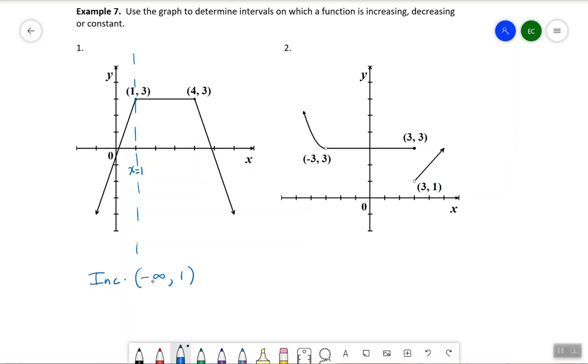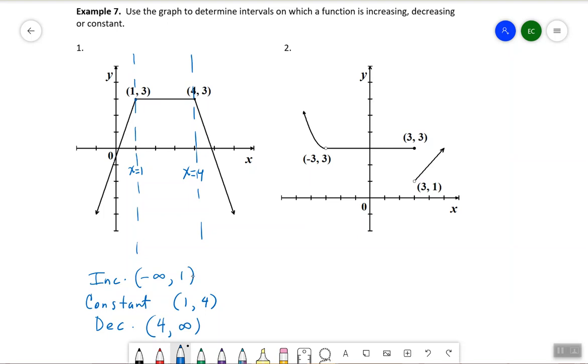So these are values for x. From negative infinity to 1 is an interval of x. From 1 over to x equals 4, we can see that the graph is constant. And then after that, beyond 4, the graph is decreasing. So from 4 to infinity, decreasing.